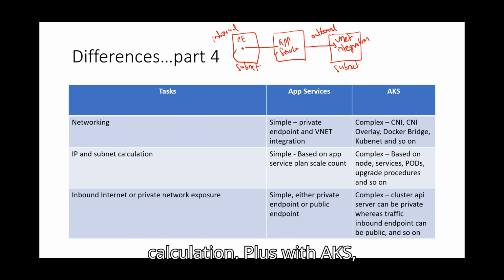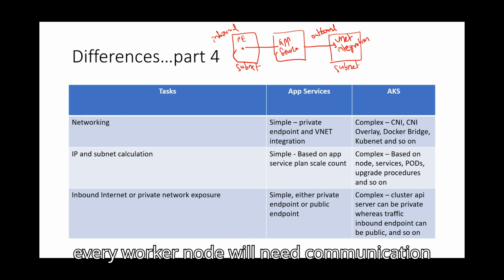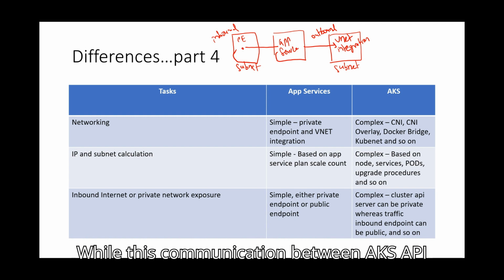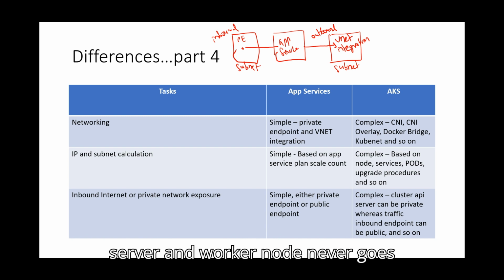Plus, with AKS, every worker node will need communication to the API server. While this communication between AKS API server and worker node never goes on the internet, it always stays on the Azure backbone. But based on your audit, security, and compliance requirements, you might want access to this API server over a private IP.